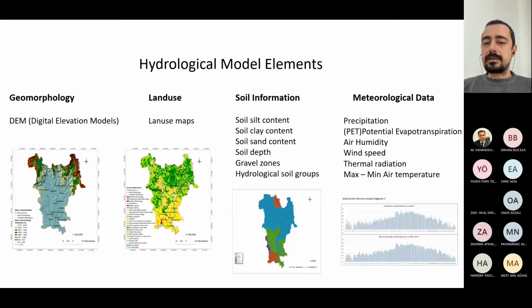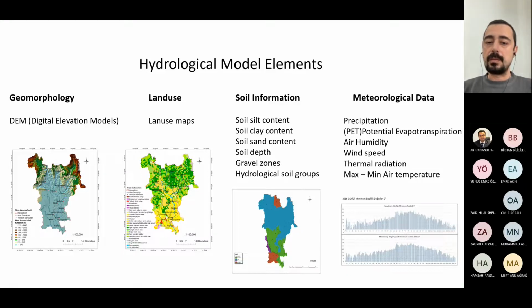All right, these are the general information about hydrological models. These are the components. Hydrological models are built one layer on top of another. So first we have geomorphologic data. Basically, we are using digital elevation models for this.